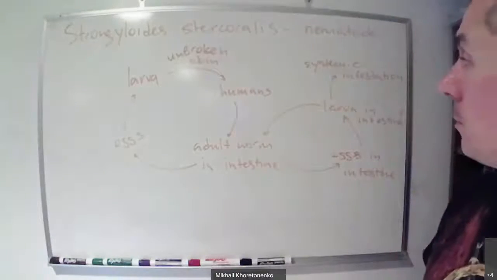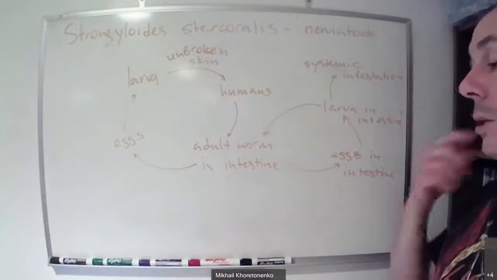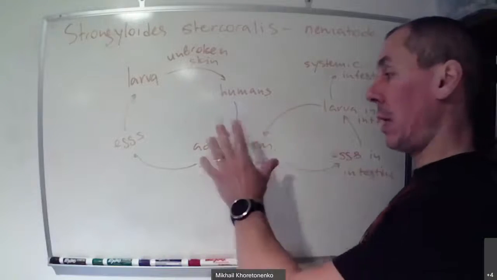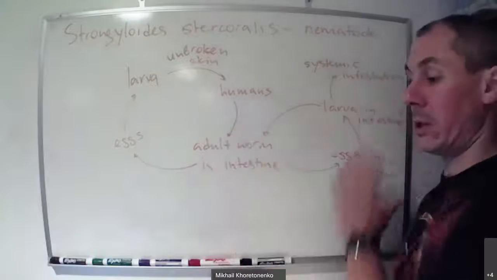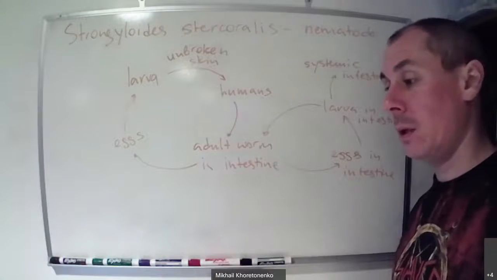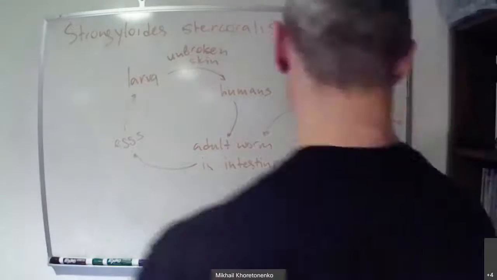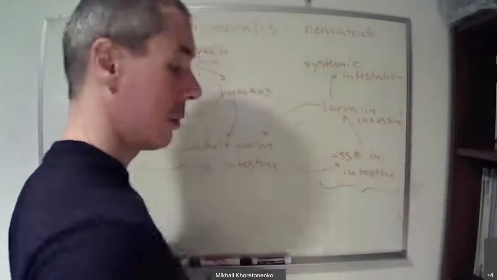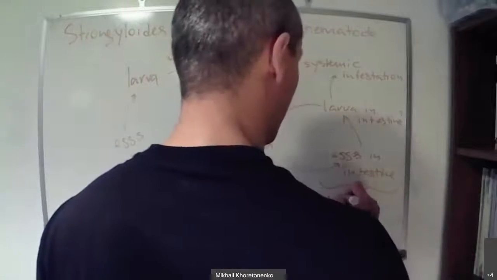Does that make sense? So here you can see that humans serve not only as the definitive, but also as the intermediate host. This part right here, okay, this is called a superinfection.